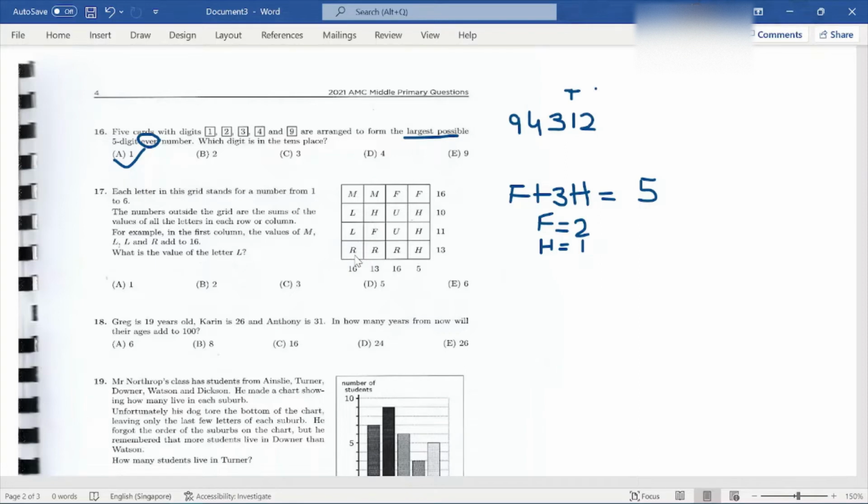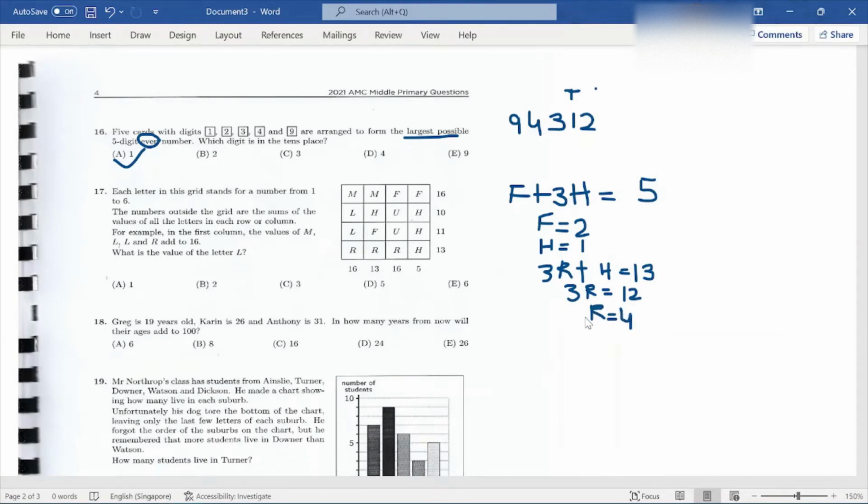If you make up the equation from row number 4, 3R plus H equals 13, right? We know that H is 1, so 3R equals 12. If 3R is equal to 12, then what times 3 is 12? It's 4. So R will be 4.